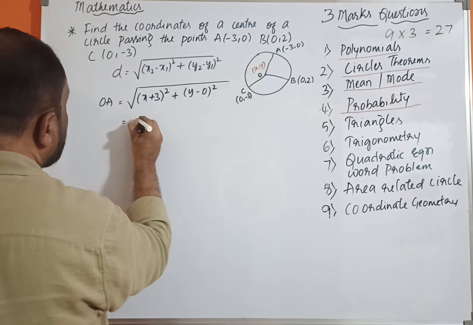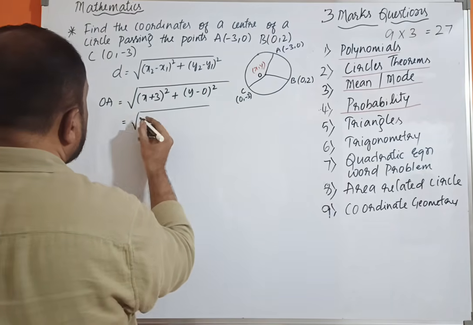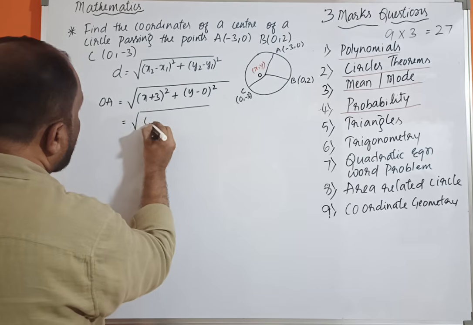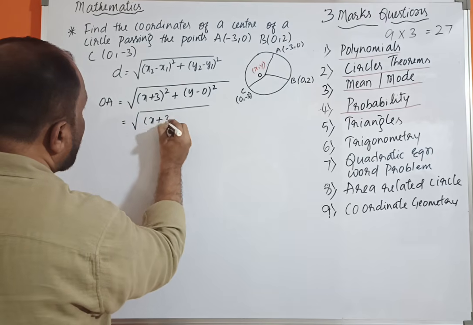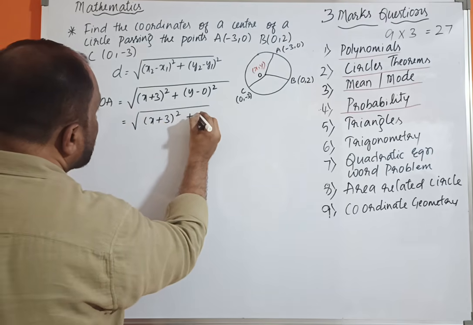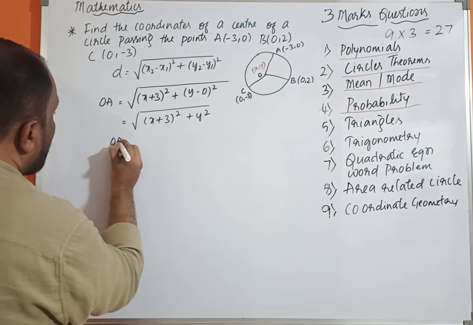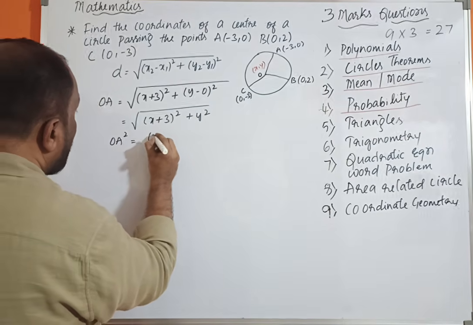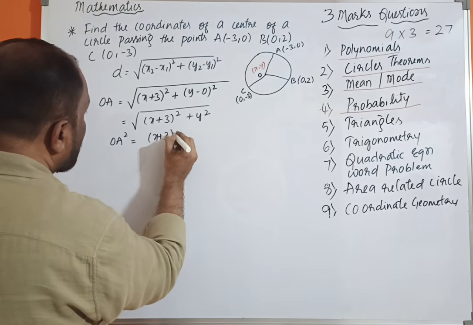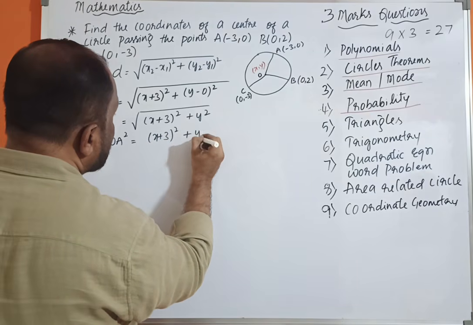So when you simplify this one, to remove the root, OA square is equal to x plus 3 whole square plus y square.